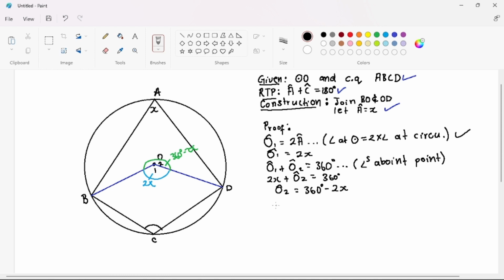So how do we get C? We are going to say 2 times C is going to be equal to O2, and our reasoning is angle at the center is equal to 2 times angle at the circumference. And then after that, we are going to substitute. So O2 is going to be 360 minus 2x.